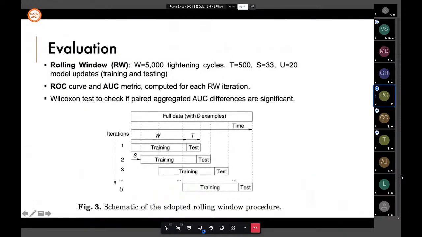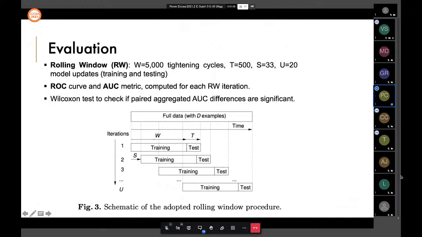So we did what we assume is a very robust evaluation, meaning that we applied the rolling window procedure. This procedure was set in a way that the models are trained 20 times. We do 20 executions of all the compared models through time.